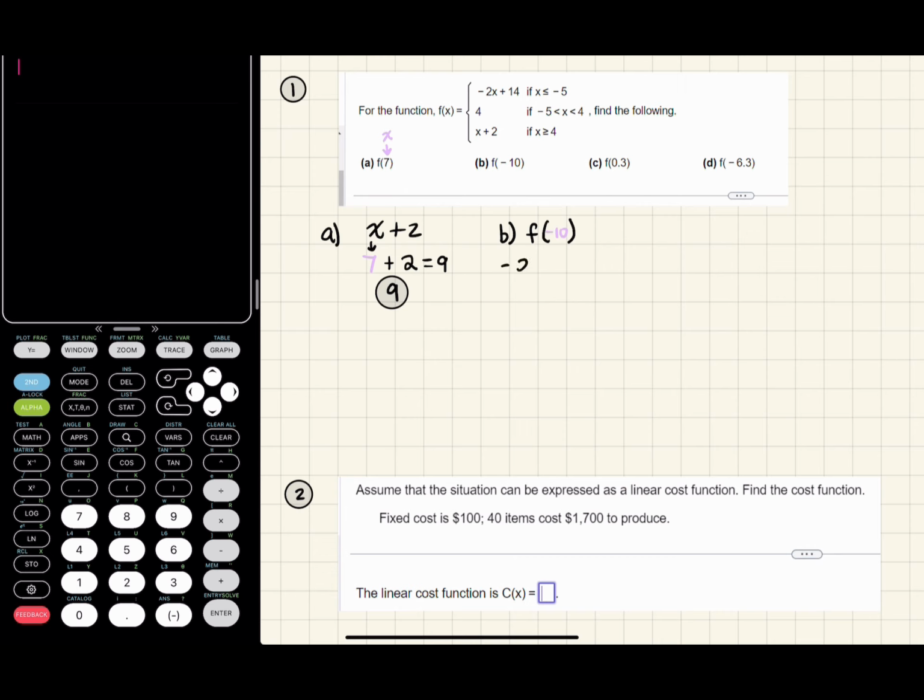So I'm going to write down that function, or that expression. We're going to replace our x with negative 10 in this case. And we'll just solve it. Negative 2 times negative 10 is 20. 20 plus 14 is 34, so the answer for part B is 34.